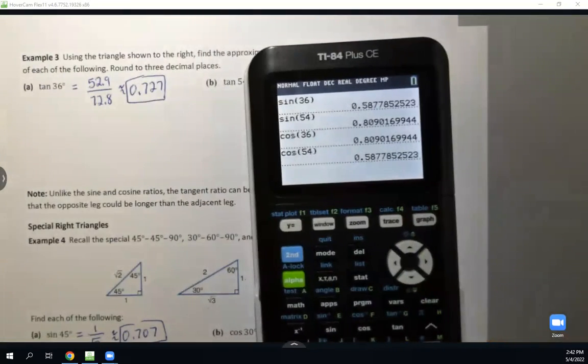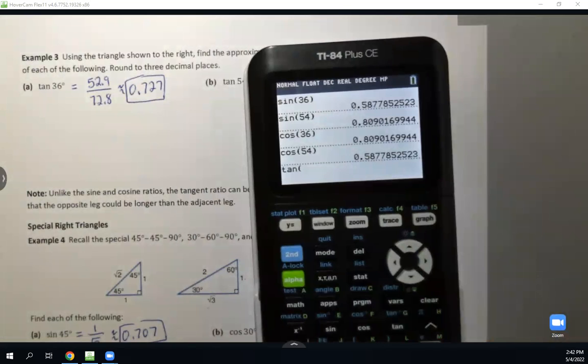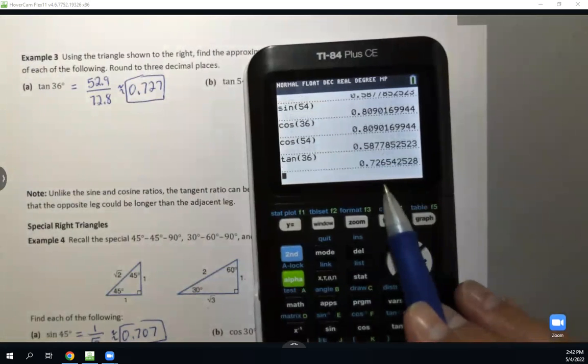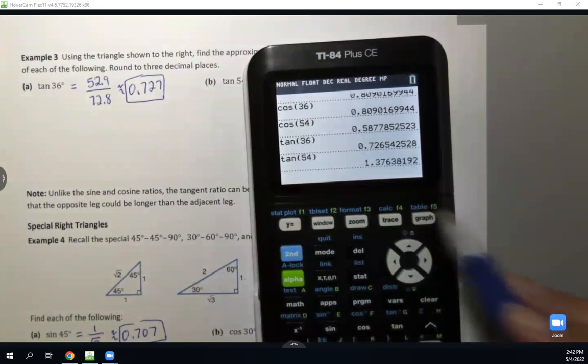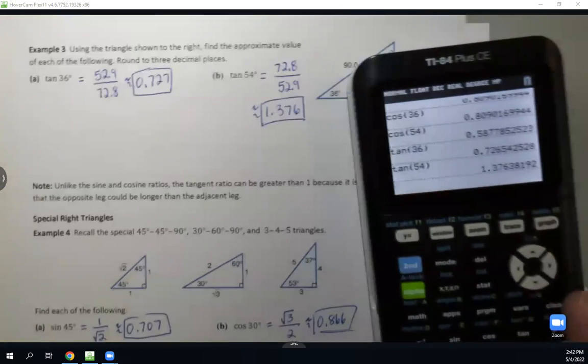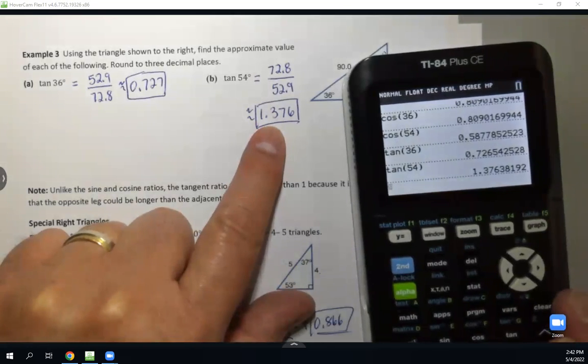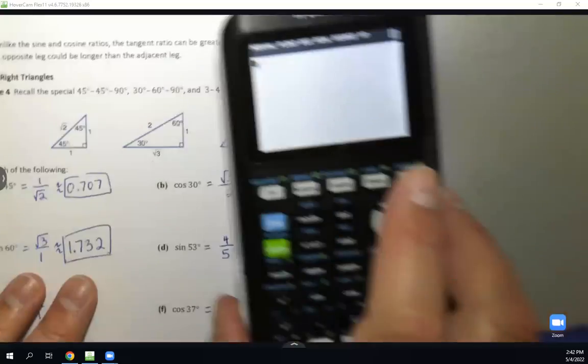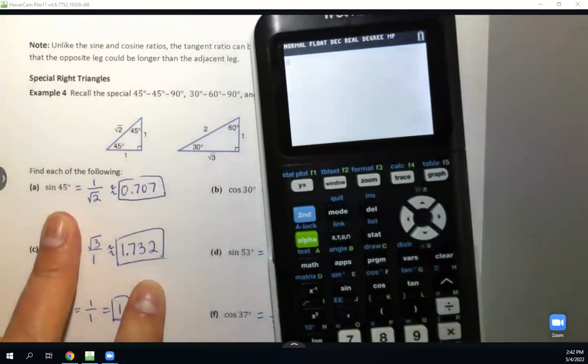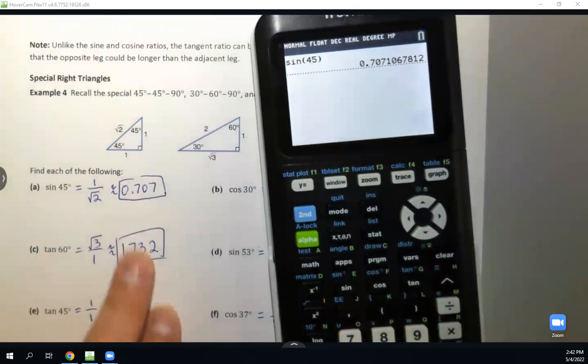If I do the tangent of 36 degrees, that's about 0.727. And if I do the tangent of 54 degrees, that's about 1.376. Pretty nifty. And likewise, the sine of 45 degrees is 0.707.